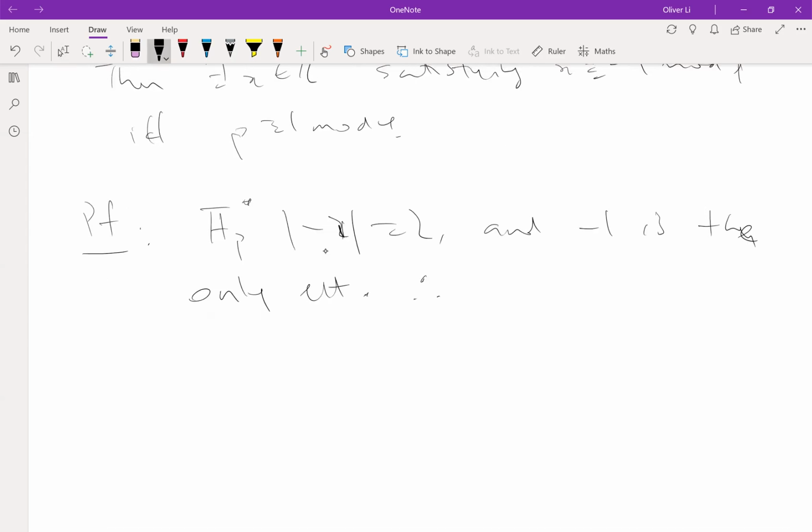Therefore, if x squared is congruent to -1 mod p, then x would have to have order 4.